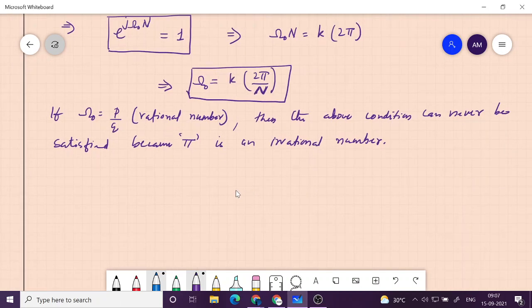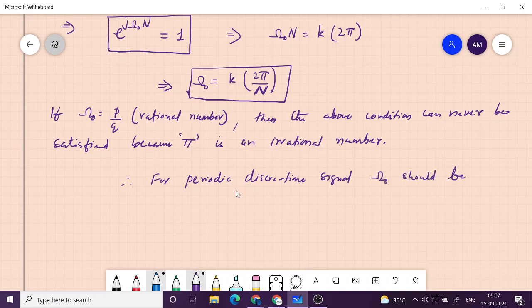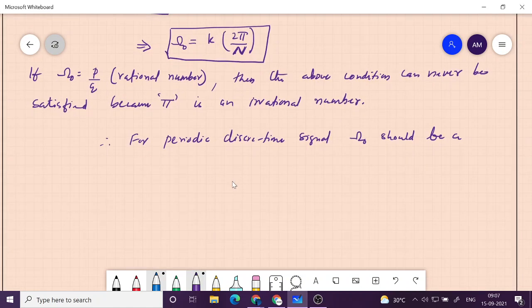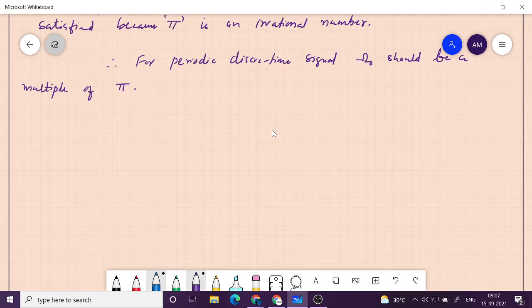So for a periodic discrete time signal, omega 0 should be a multiple of pi.